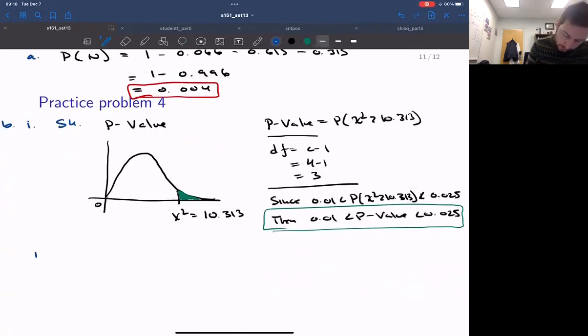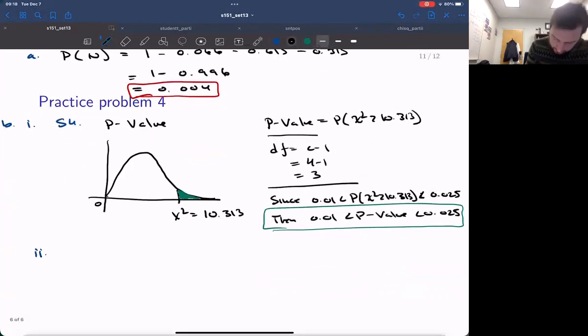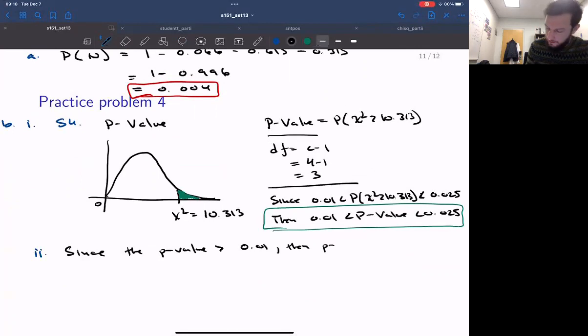Okay, so in part 2, we can say, since the p-value is greater than 0.01, then the p-value is greater than alpha. Therefore, we will not reject H0.